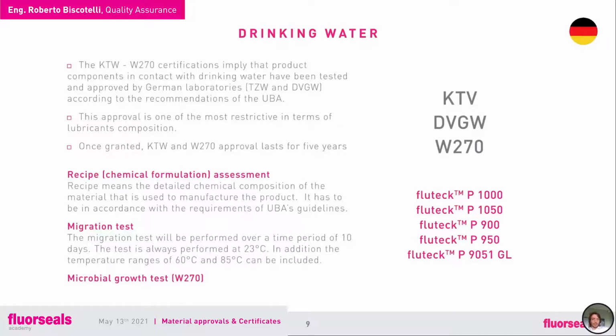Then for the W270 certification, you can add a microbial growth test where they basically expose your material to water for multiple months, up to 3-4 months. And then they want to see if any microorganism, any microbial mold, anything grows on it. If the test is passed, they also give you the approval of the W270.